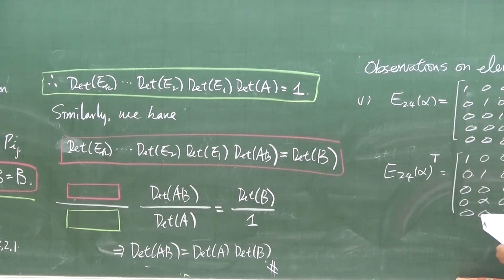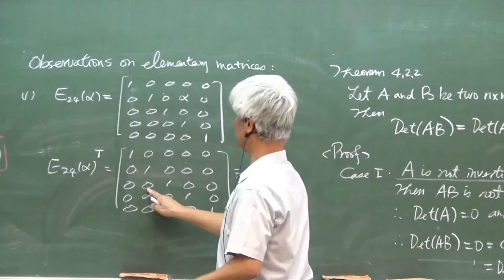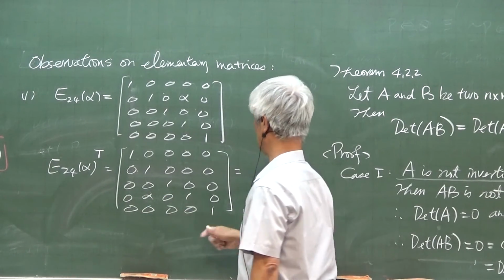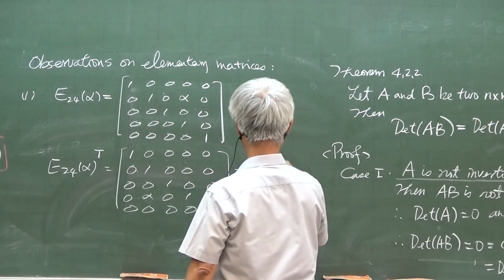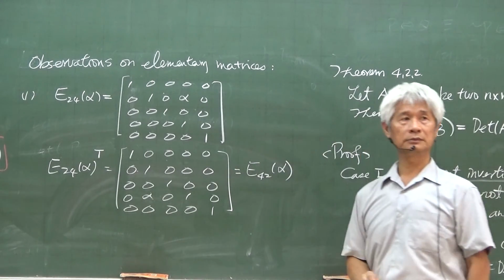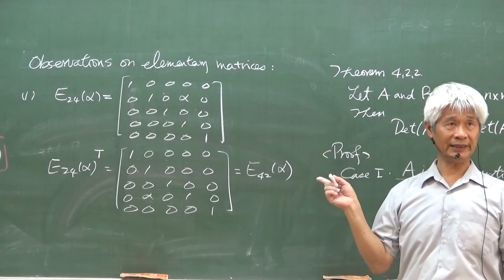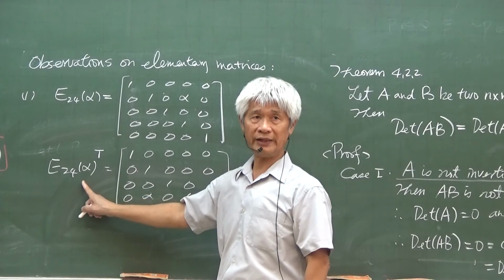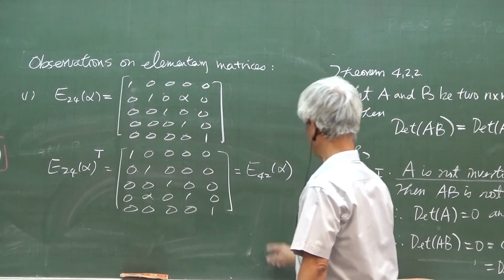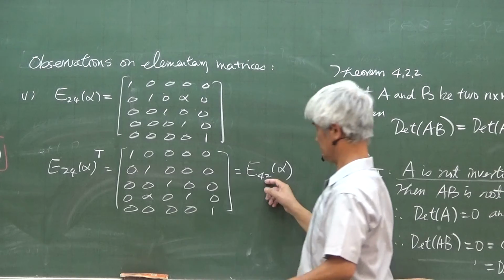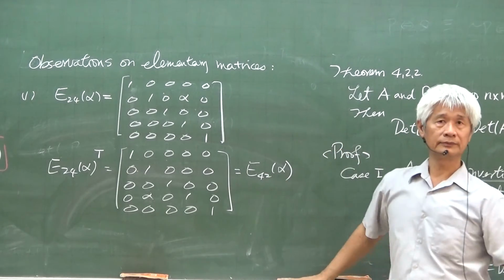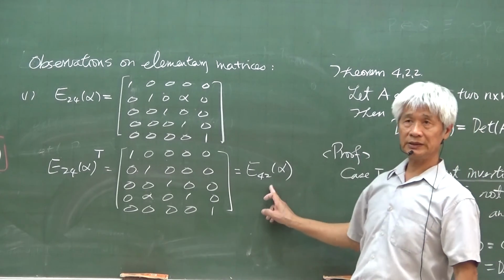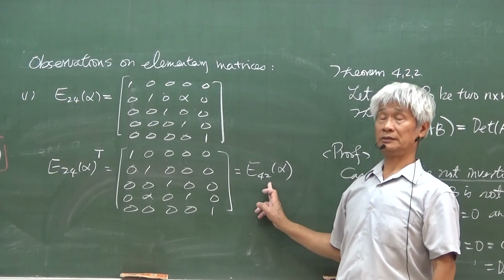It's actually you multiply the second row with alpha and add to the first row. The transpose of this elementary matrix E 2 4 alpha is indeed you exchange 2 and 4 to 4 2 here. So this is another elementary matrix.